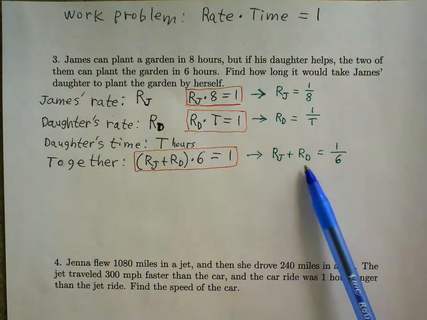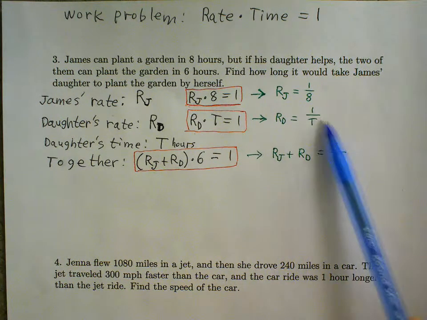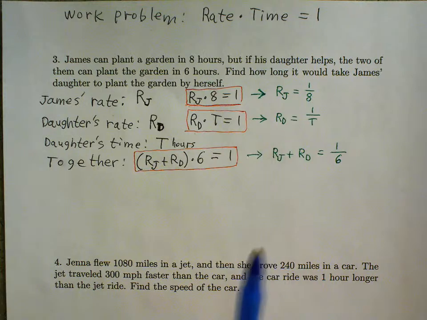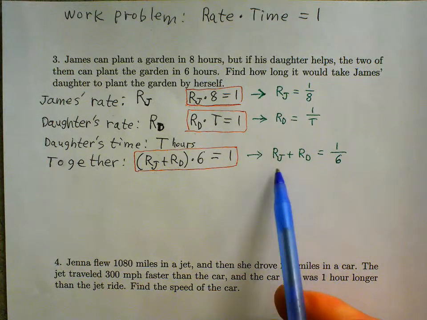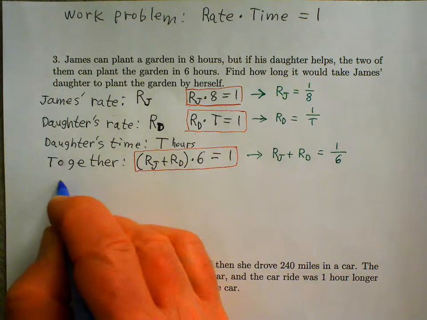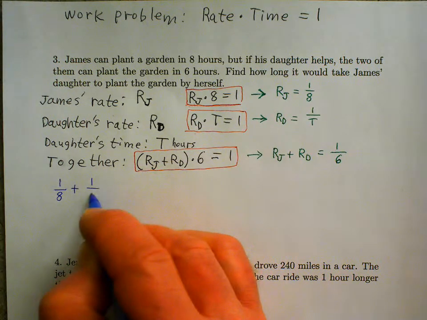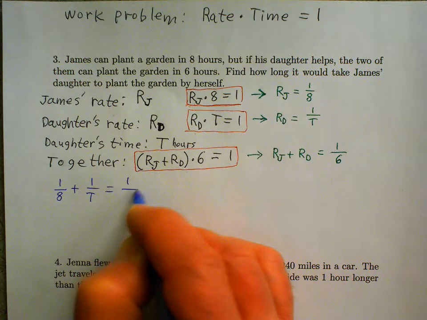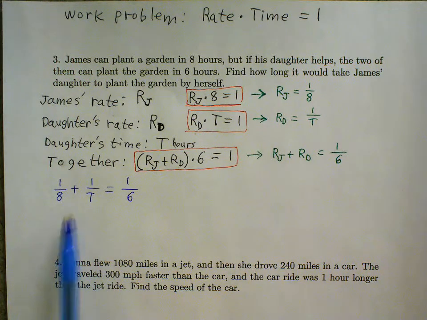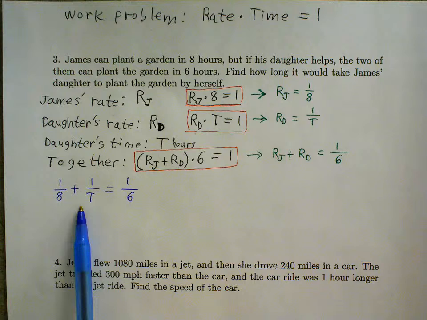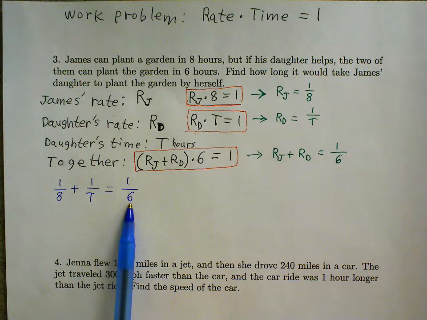And we're going to replace the daughter's rate with 1 over t. Okay, so we're going to get this equation, 1/8 plus 1 over t equals 1 over 6. This is James's rate plus the daughter's rate. When they work together, the rate is 1/6.